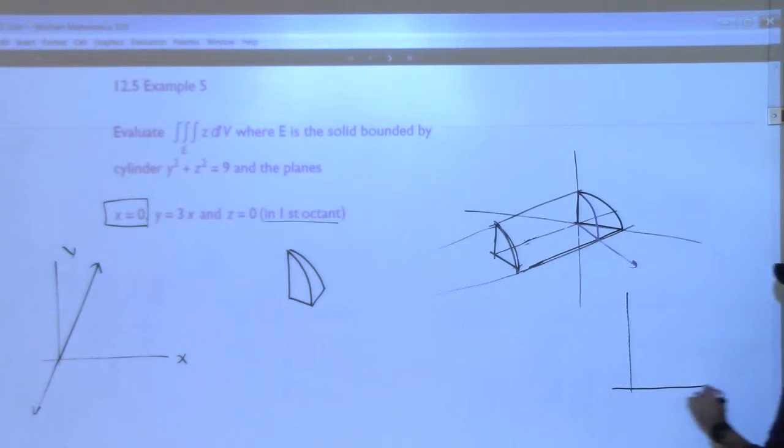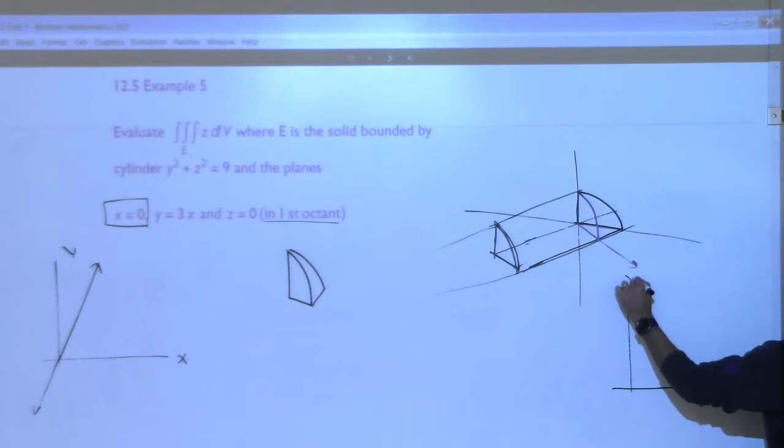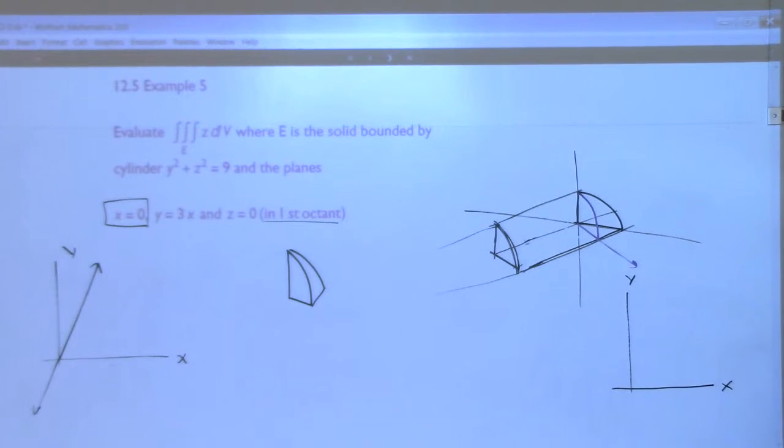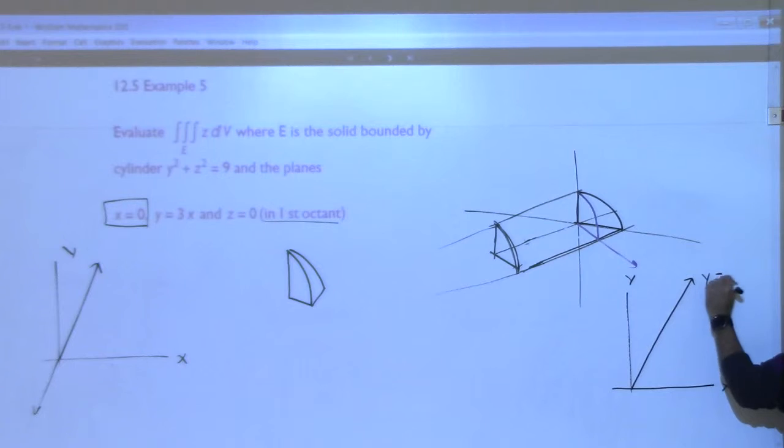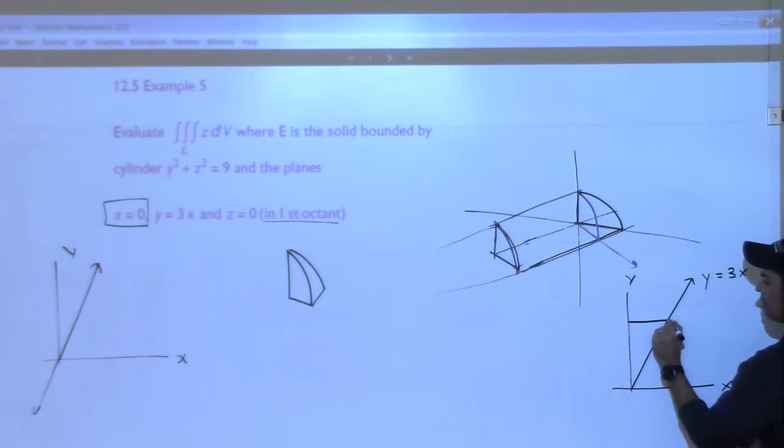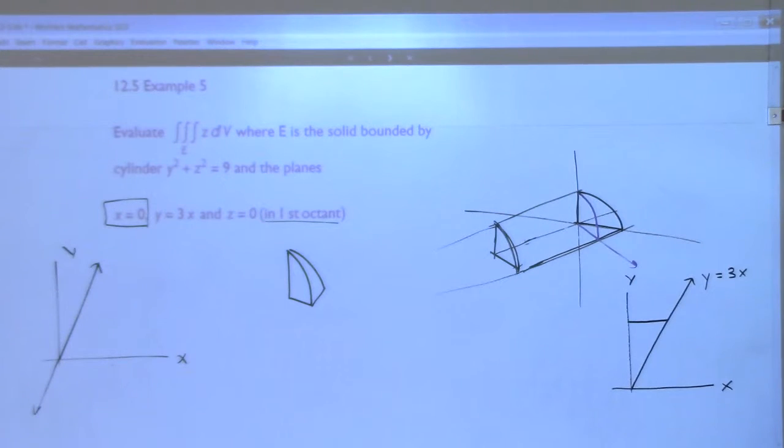That triangle on the ground is in the XY plane. And this is where you have to figure this out. What is that triangle doing? It's this line, right? That's y equals 3x. But then it comes over like this. And where is that at? That's 3. How do we know that's 3?